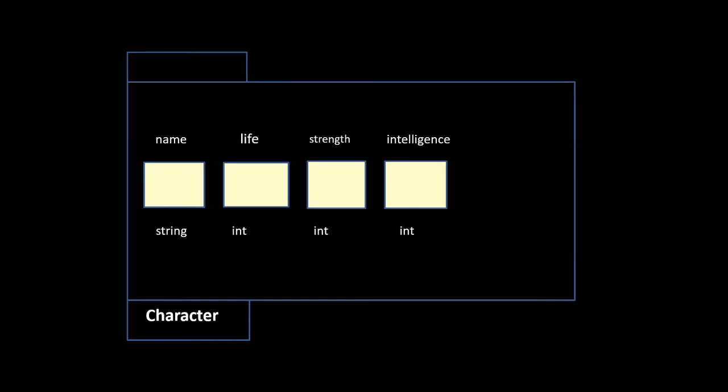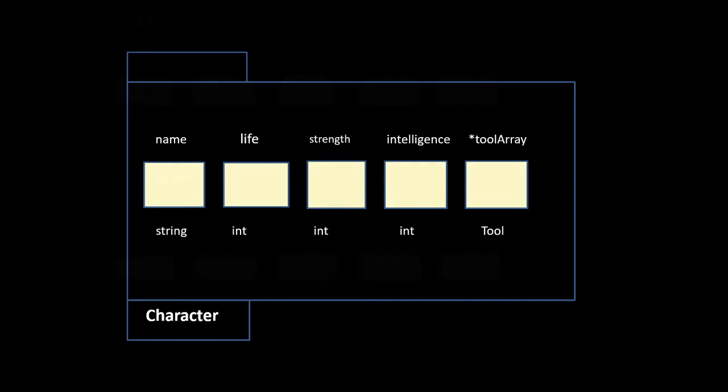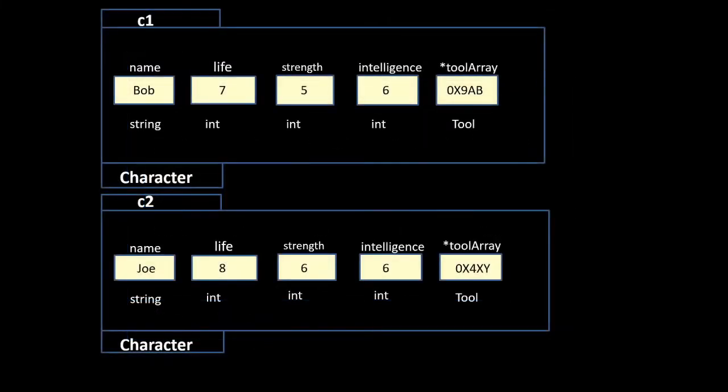Okay, so if we look at our class character right now, and we go one step further, I now introduce a tool array, from a different class called tool. It's got its own address, right? And now C2 also has its own address.